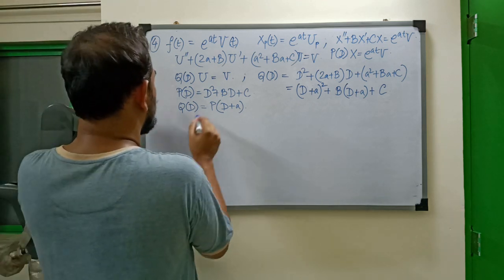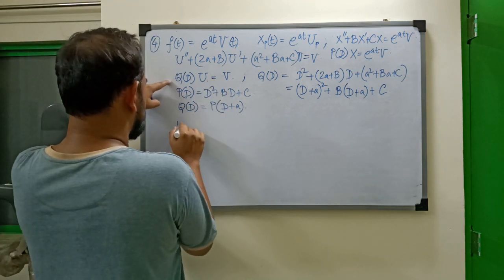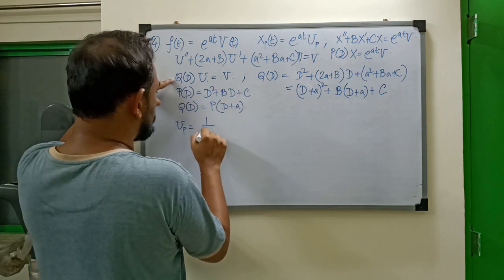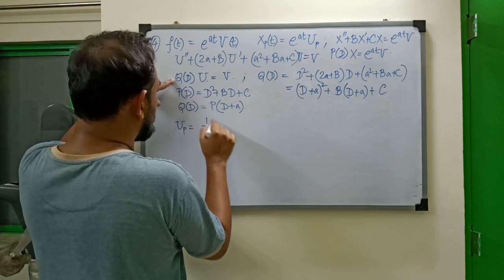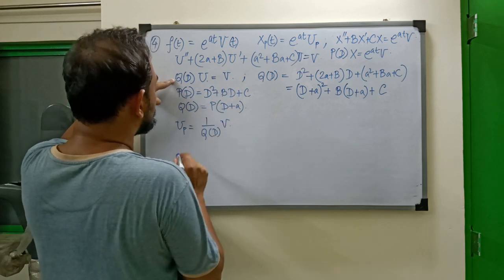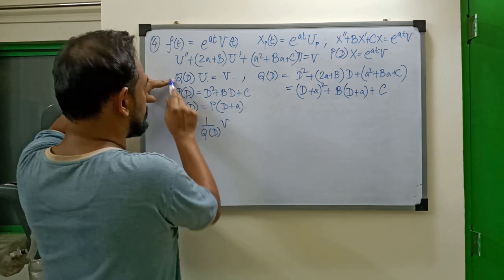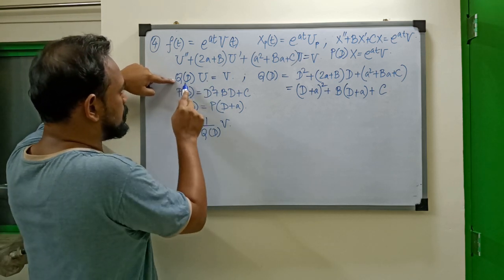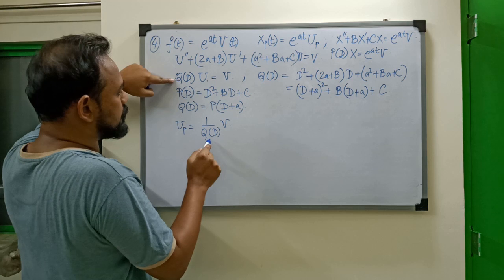So what is the particular solution from this differential equation? It is going to be, as I said, 1 over Q(D) acting on V, because from all the algebra we have learned, the particular solution is found by acting on both sides with the inverse.